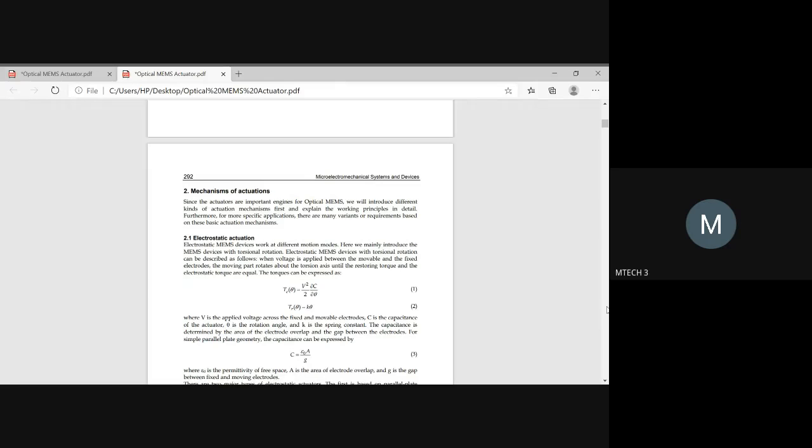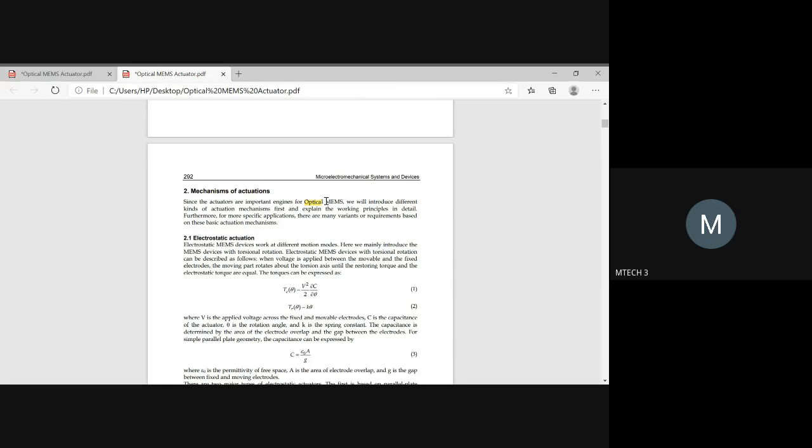With that aspect, we can see the mechanisms of actuation as told in the first part. When it comes to mechanisms of actuation, we have studied this in relation to actuators and also the mechanisms involved in making smart structures. The same concept is focused on here for optical MEMS.